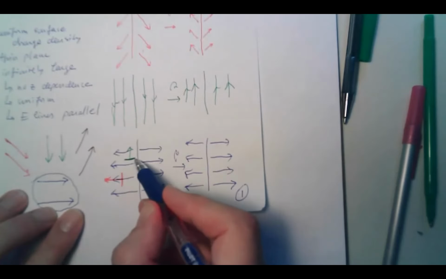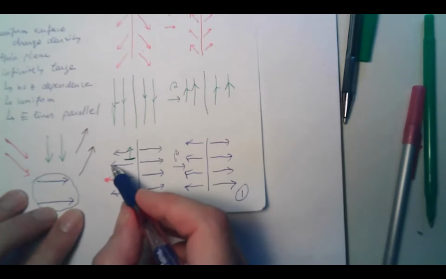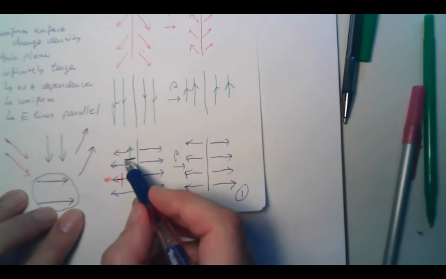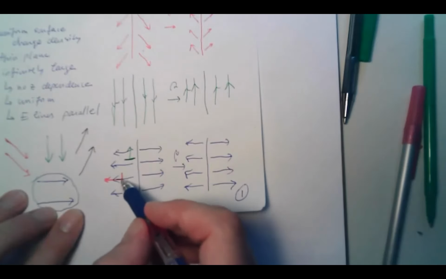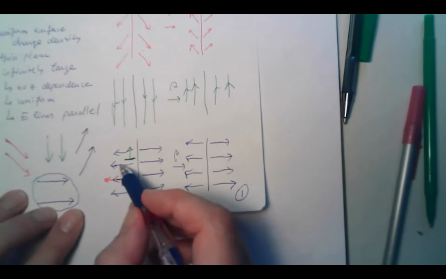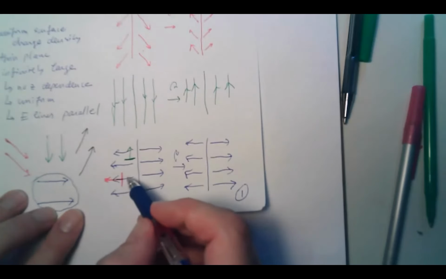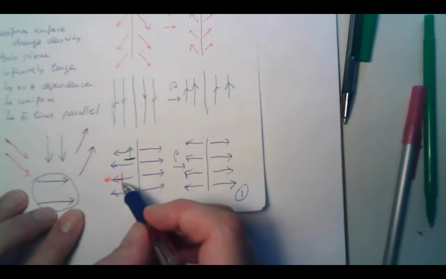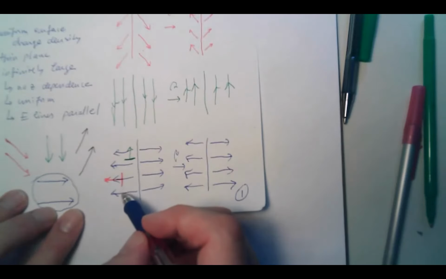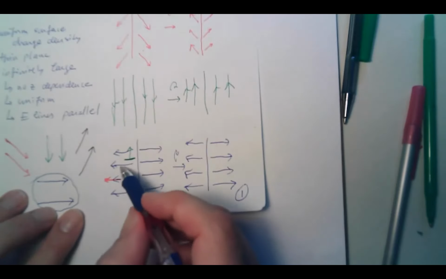So on green surfaces, the normal is perpendicular to the electric field, so there will be no contribution to the flux on those parts of the surface. And here, the normal is pointing exactly in the same direction as the electric field. And the electric field, because it's a function of z only, is the same all across this surface.